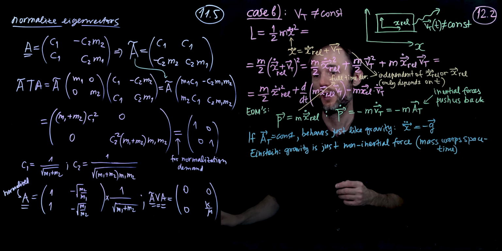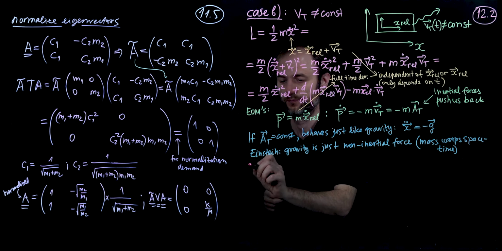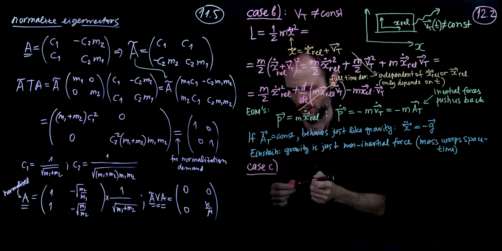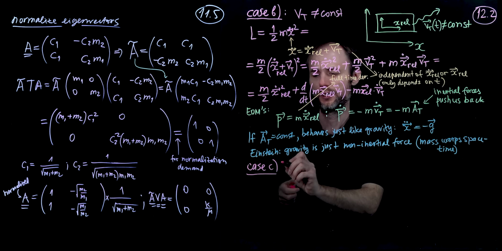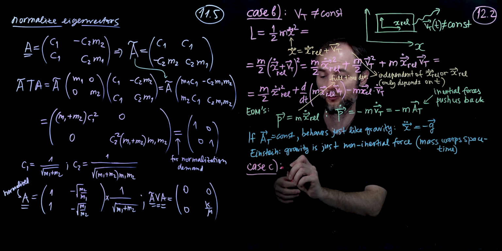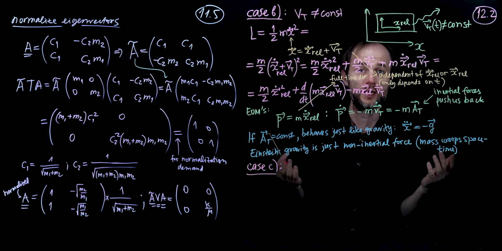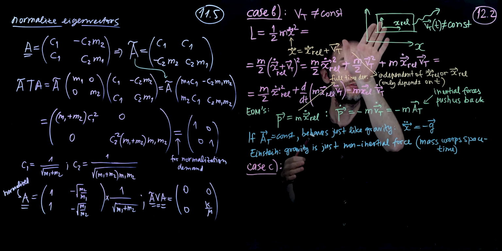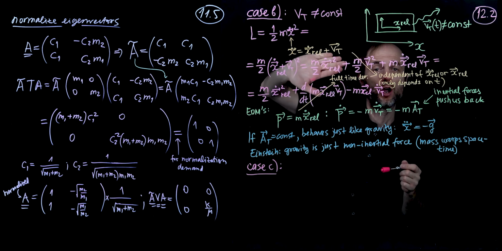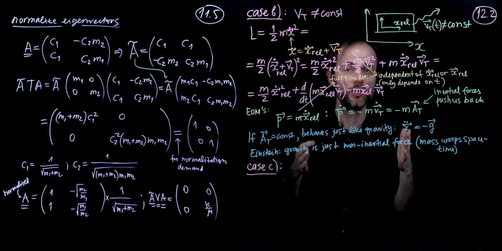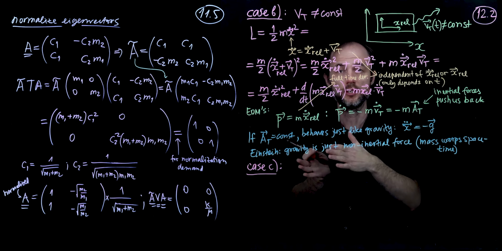Let us take a look at case C. What would be case C if we already considered an inertial frame, and a non-inertial frame when the velocity was changing? What else is left? Well, here the velocity was changing, but the car of the train, contrary to what I mentioned as an example, wasn't changing direction.